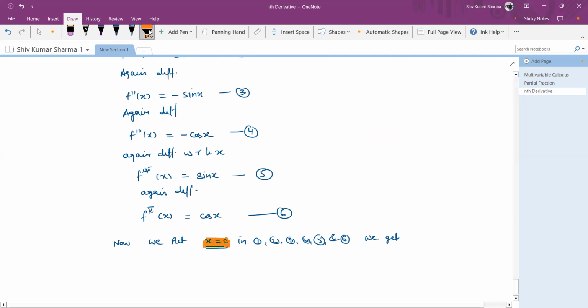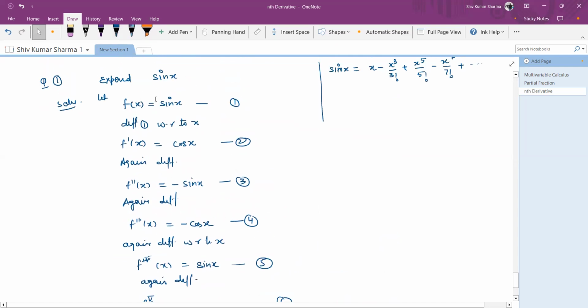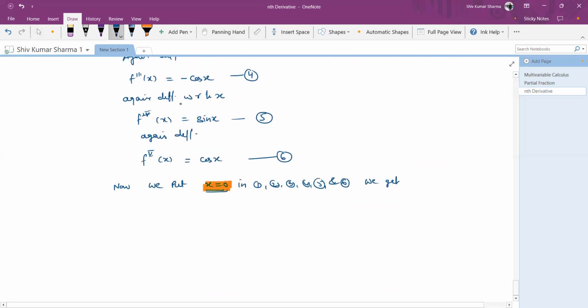So we get the value from 1. What is the value from 1? When we put x equal to 0, f(0) is sin 0. So f(0) is equal to sin 0, and the value of sin 0 is 0.